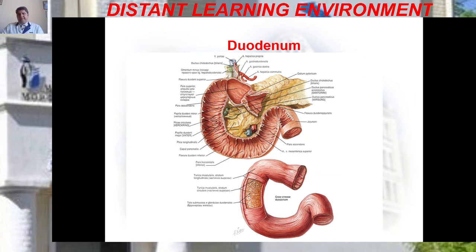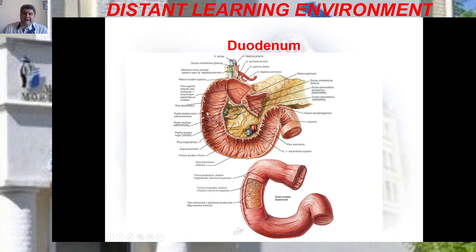So you may see the duodenum. This is the initial part of the small intestine, and it has 4 parts: superior part, descending part, horizontal part, and ascending part.